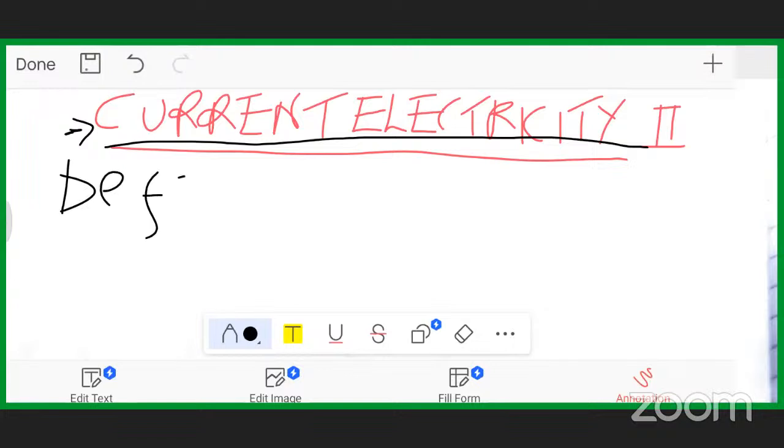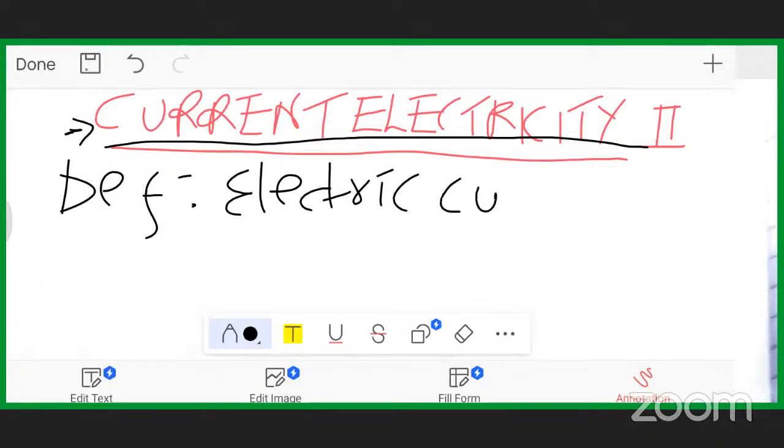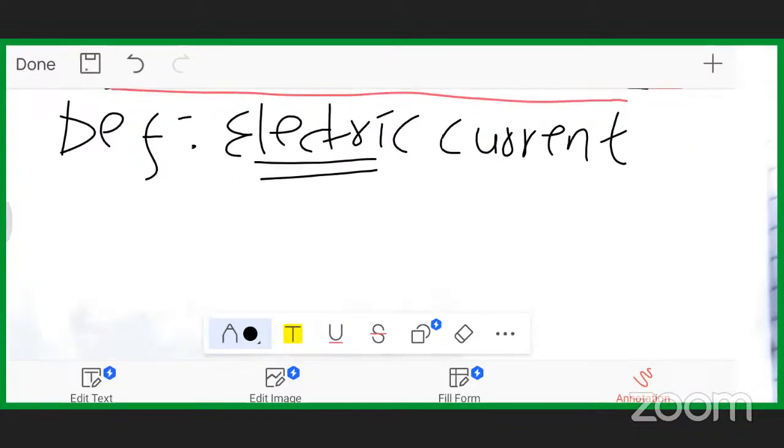So, beginning with the definition of the first term, electric current. Electric current comes in when we have a charge. Of course, there must be a charge. Whatever is responsible for electrical conductivity are always electrons, which we basically call charges.